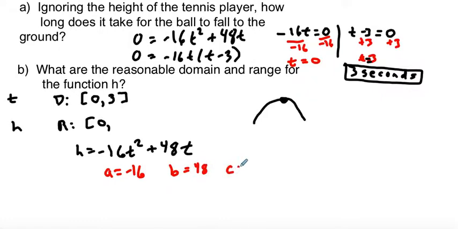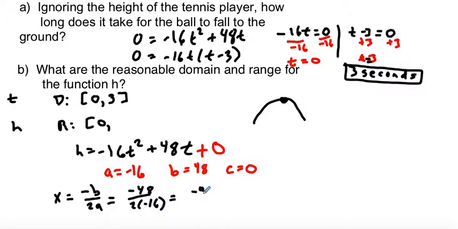And our c value is simply 0, so we could put plus 0 over here. To find our vertex, we say x equals the opposite of b all over 2a. Our b is 48, so that's negative 48 all over 2 times negative 16.